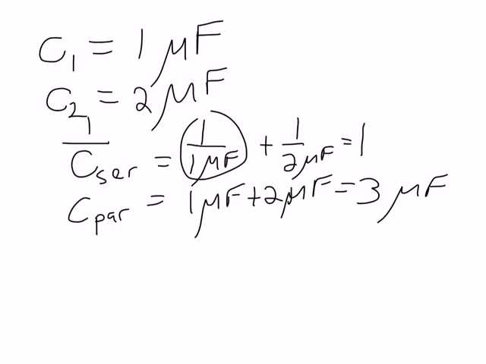That's 1.5 over microfarads. But that's 1 over C series. So C series must be 1 over all of this. Well, 1 over 1.5 is about 2/3, so it's about 0.67 microfarads.